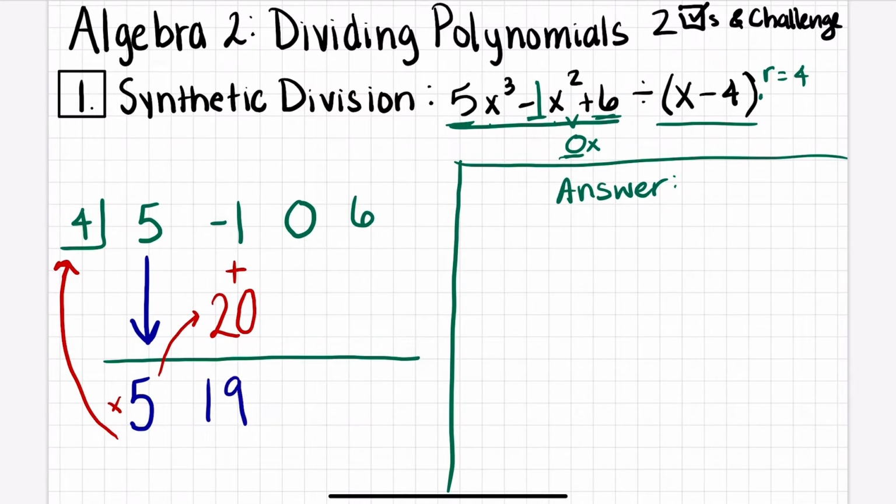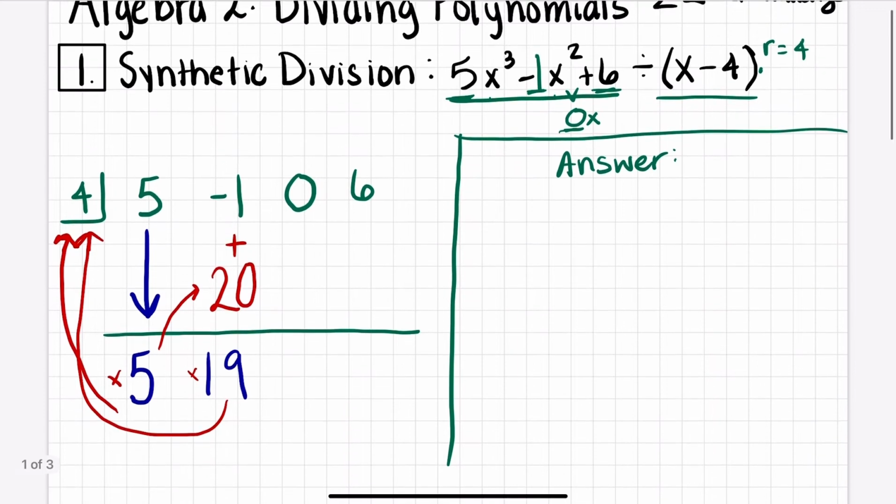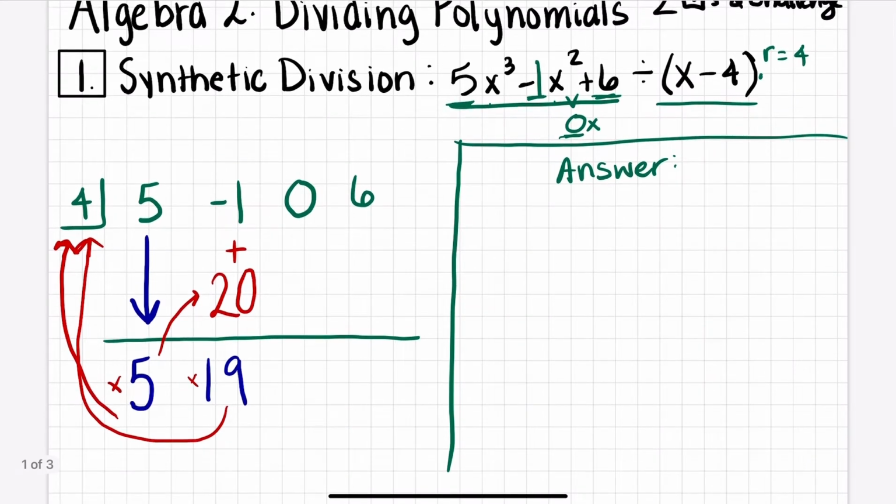All right, and then again, same process. You just multiply 19 by 4. Not by 5, by 4. You always multiply by the r. So 19 times 4 is going to give us 76. And again, you just add 0 plus 76. That gives us 76. And now we're on to our last one.